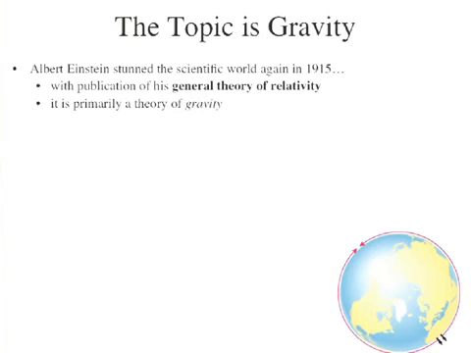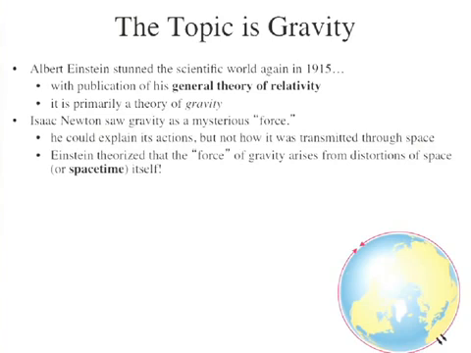His general theory of relativity was primarily, as I said, a theory of gravity. Now, the question was, as we talked about Newton's work, he could not understand how gravity could be this quote-unquote force that produces action at a distance. How can a planet produce a force field that pulls a satellite to it?